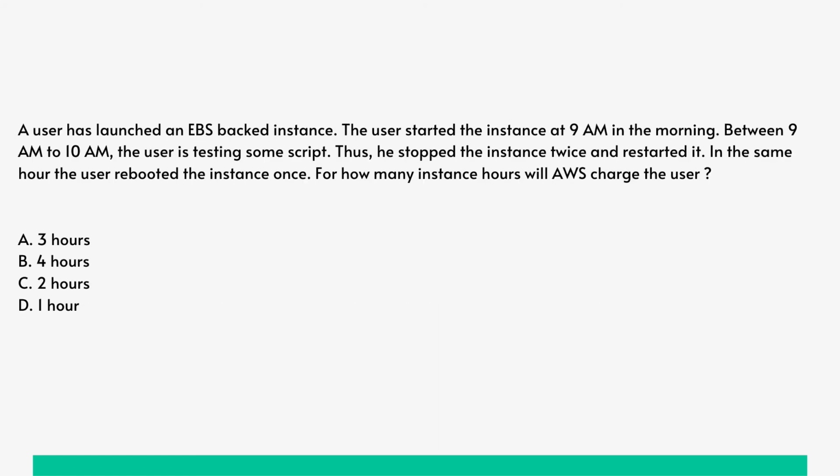Let's move to the next question. A user has launched an EBS backed instance. The user started the instance at 9 a.m. in the morning. Between 9 a.m. to 10 a.m., the user is testing some script.